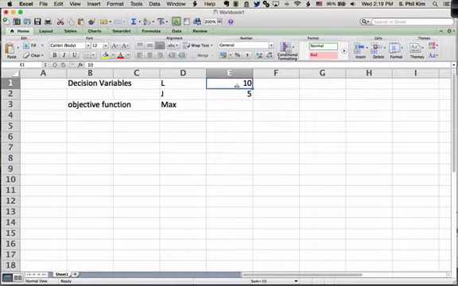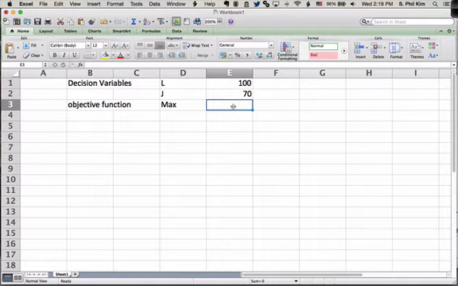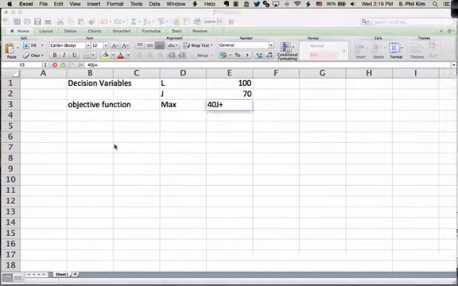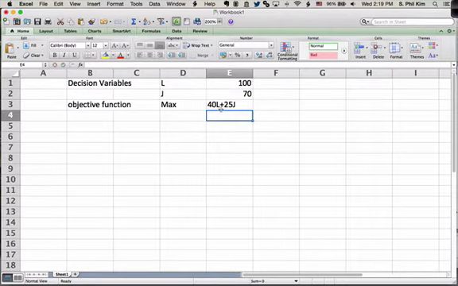So you can type in like 100 or 70, it doesn't matter. So what is the objective function? You cannot just type in 40L plus 25J, because the computer cannot understand this.